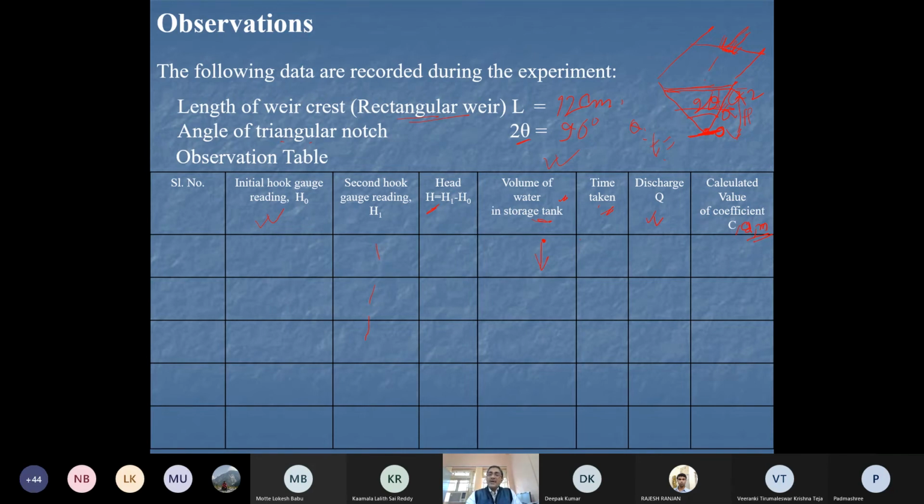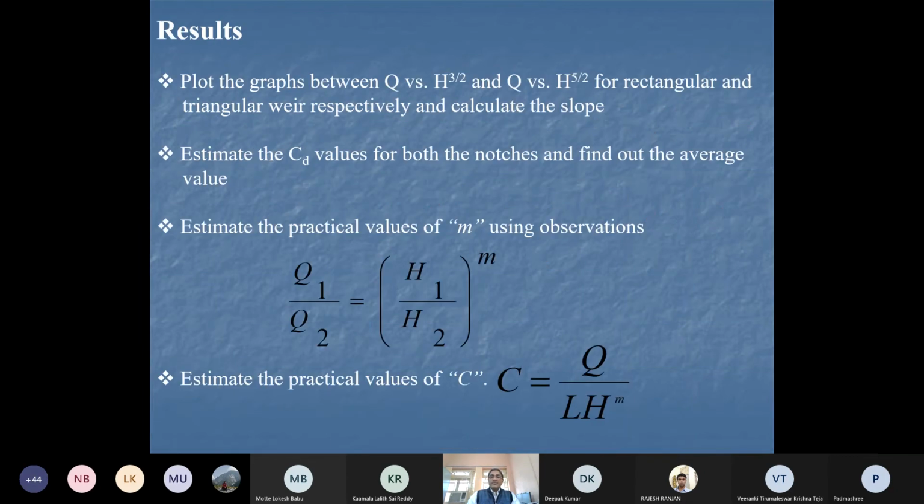And also at the same time we need to find out a relationship. Here it is given Q versus H to the power 3/2 for rectangular notch and discharge versus H to the power 5/2 for triangular notch. However, you can also plot Q versus simply H for triangular and rectangular notches.